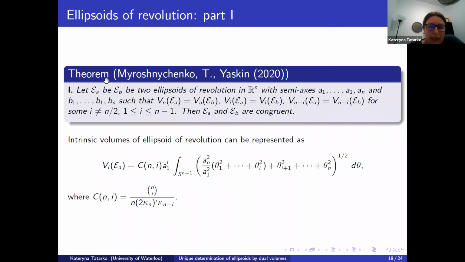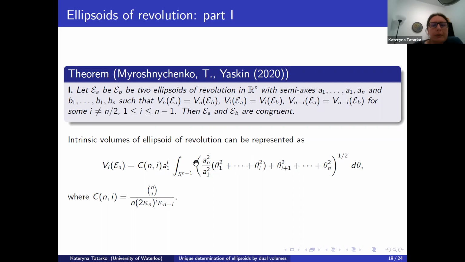The first result says that if you have two ellipsoids such that the following triple of intrinsic volumes are the same, so the ellipsoids have the same volume, the same ith intrinsic volume and the same (n minus i)th, then the ellipsoids should be the same.